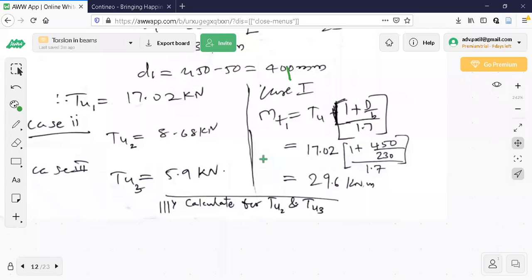If there are any doubts in cantilever beam designs, I told you WL square by 8 becomes WL square by 2, VU becomes WL, span by depth ratio will not be 20. Just remember these three. Span by depth ratio will not be 20, as we write 15 to 20.